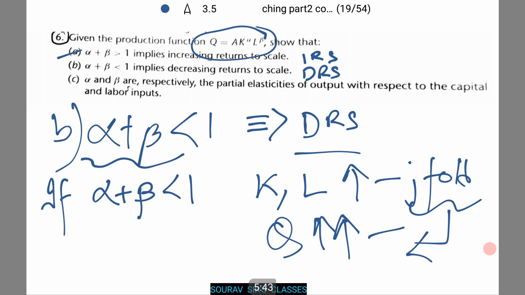I'm sorry, I just said increases. Rather, the increase is less than the increase in K and L.